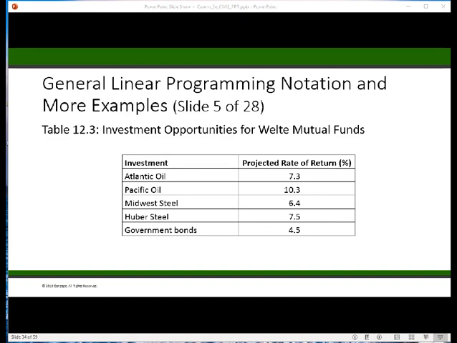So our objective function is going to be, as we see right here, for Atlantic Oil, let's call that X1, the dollars invested in that. So it's going to be 0.073 times X1 plus 0.103 times X2, Pacific Oil, plus 0.064 times X3, Midwest, plus 0.075 times X4, Huber Steel, and then finally plus 0.045 times X5, government bonds.